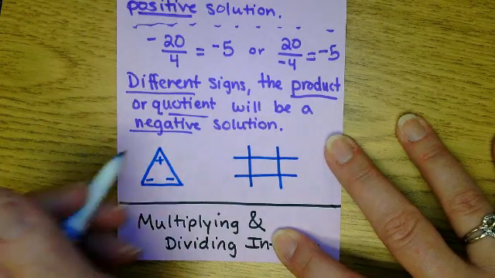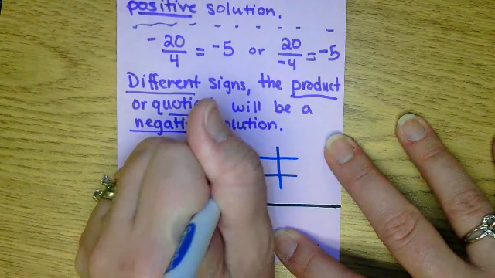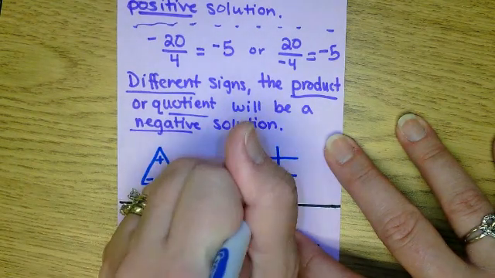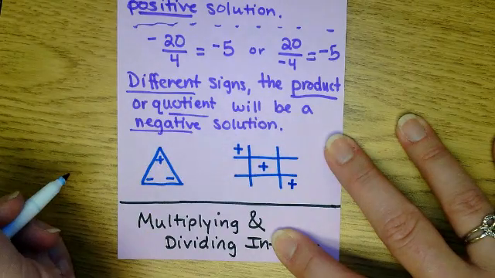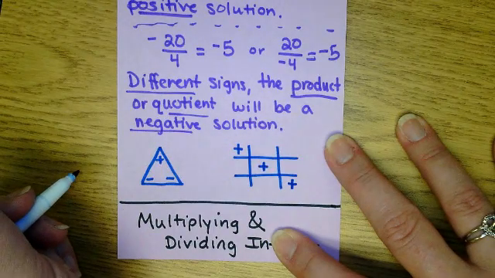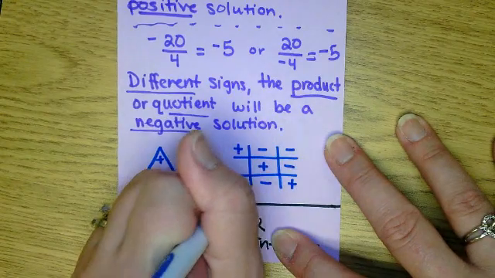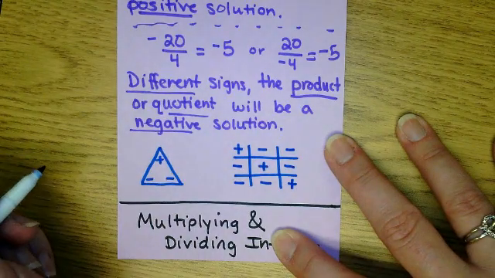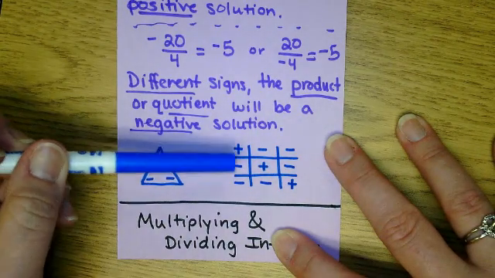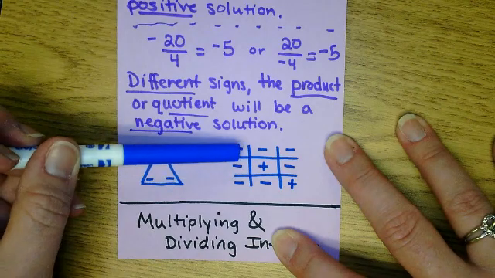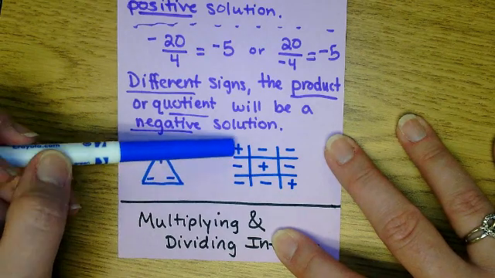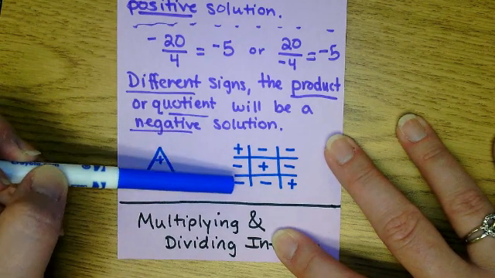All right, let me make sure that I get all my positives and negatives right. So all of your positives will go in a diagonal format, and then all of your negatives will go in the rest. So when you have a positive times a negative, that will equal a negative.